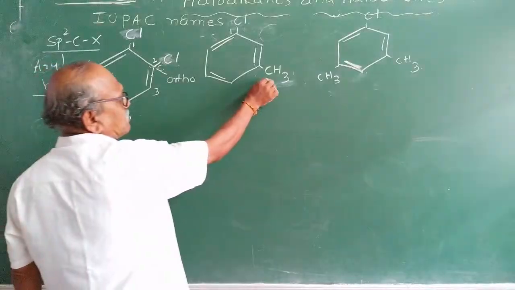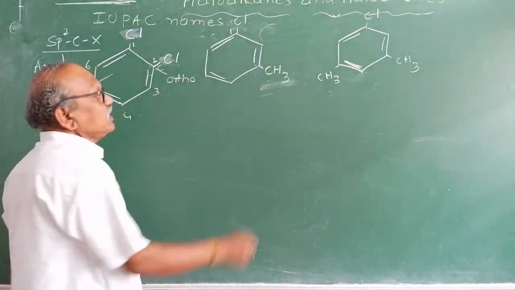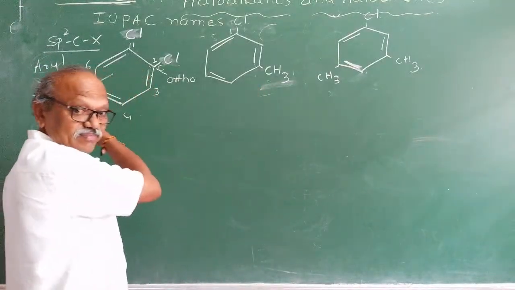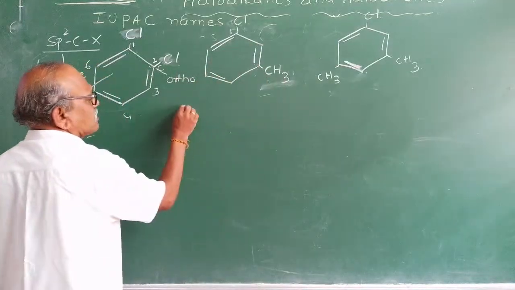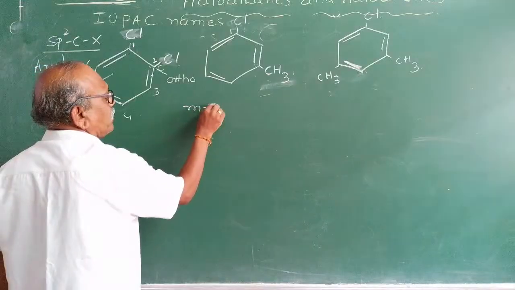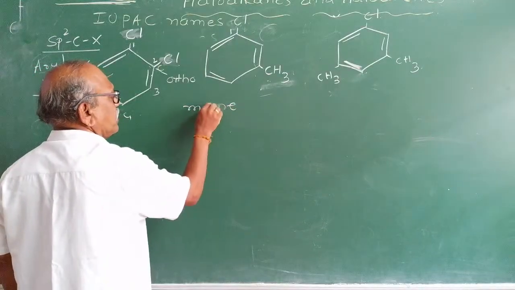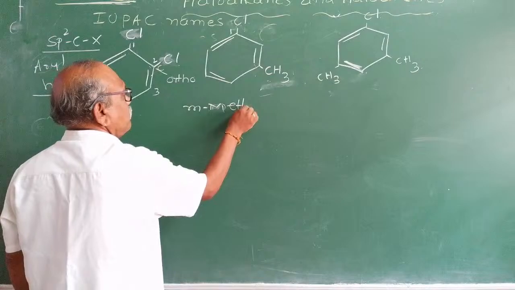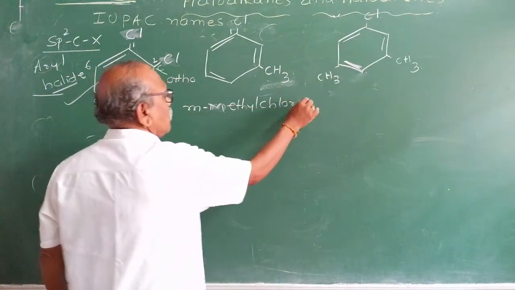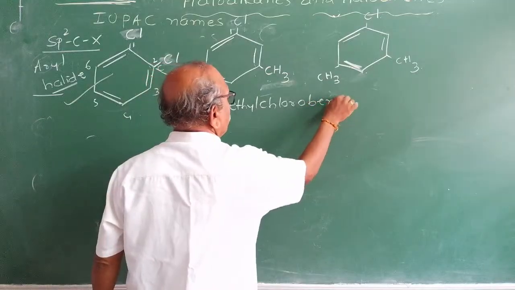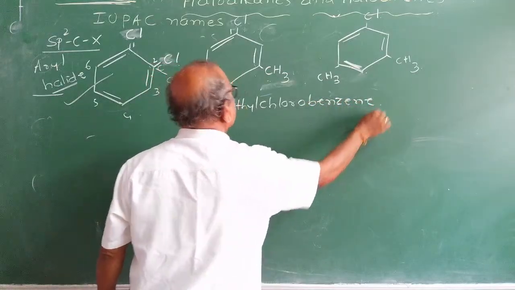And what about this? At what position is it? Ortho, meta, para. It should be commonly called meta, small m, methyl chlorobenzene. Common name I am giving you.